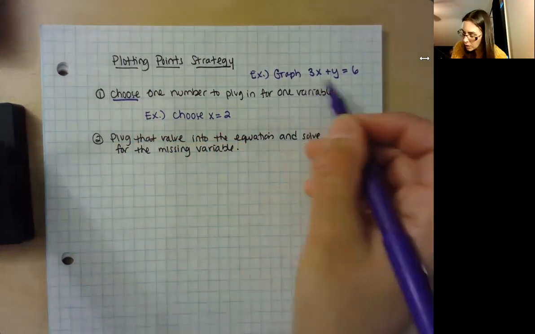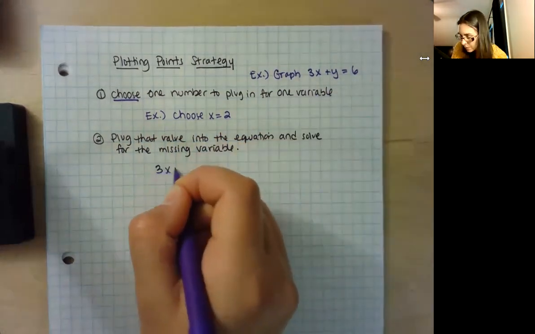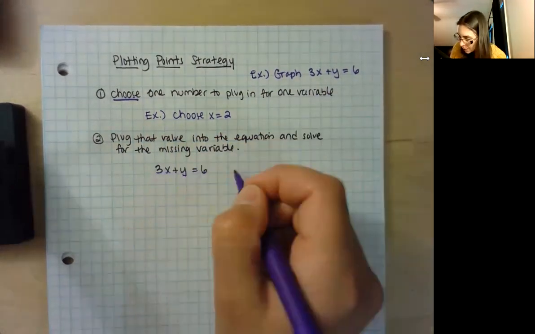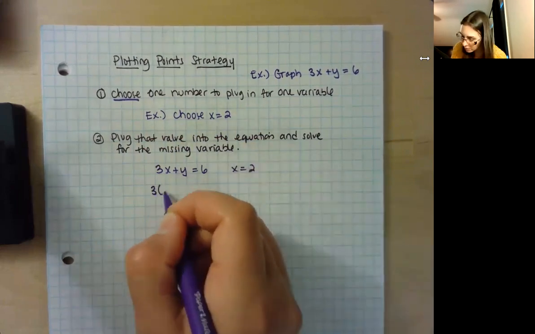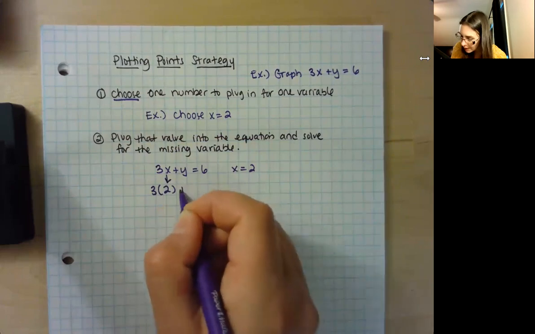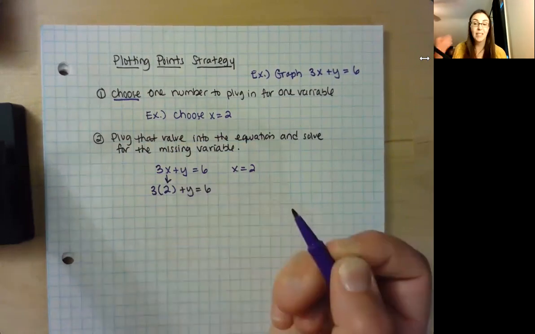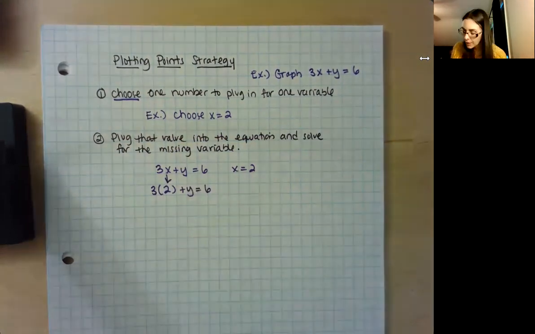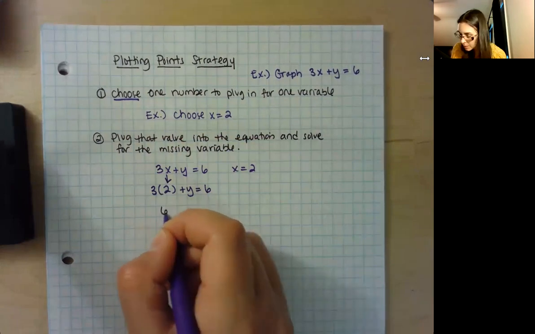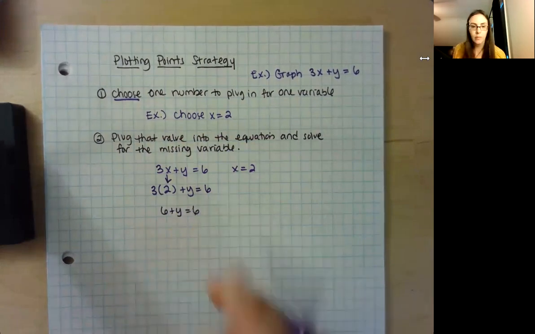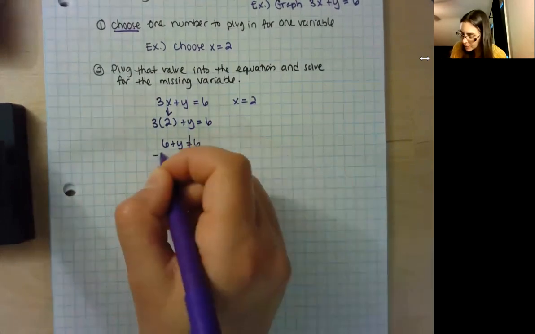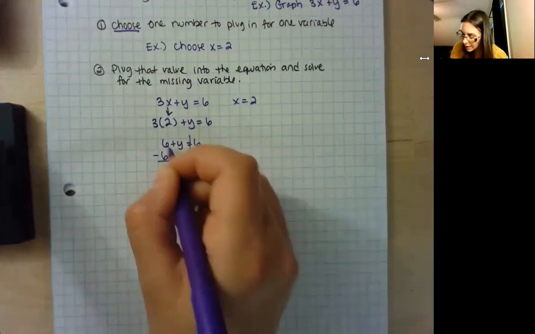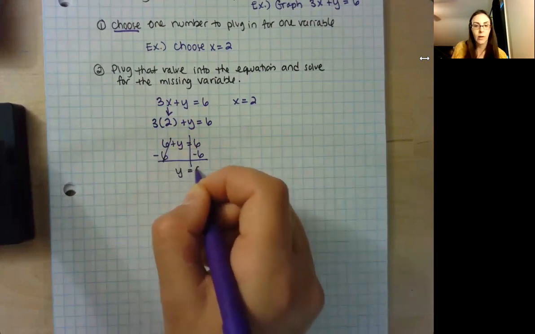So I'm going to go up to my equation here. And I chose x equals 2, so I'm going to replace it in the equation. And then I'm going to solve. So in this case, I'm solving for y. So 3 times 2 is 6. Now I do want to get this by itself. So I'm going to subtract 6 from both sides. And I get y is equal to 0.